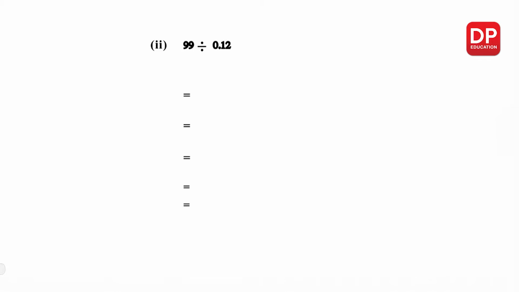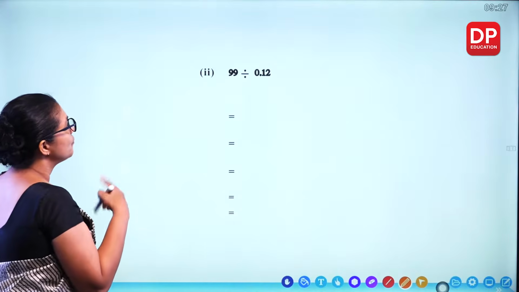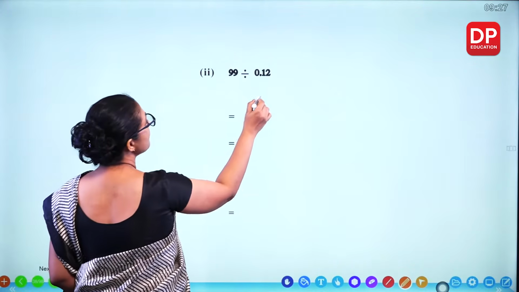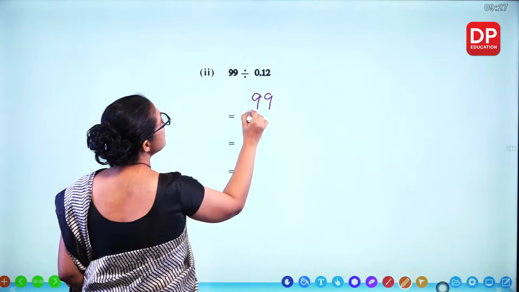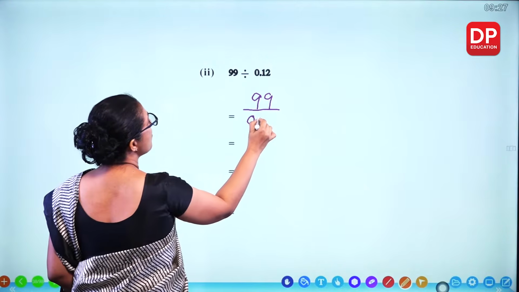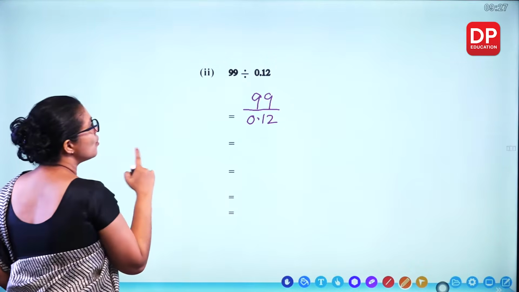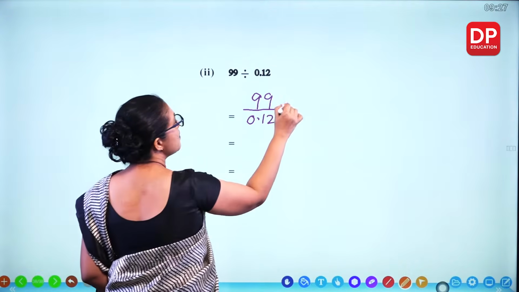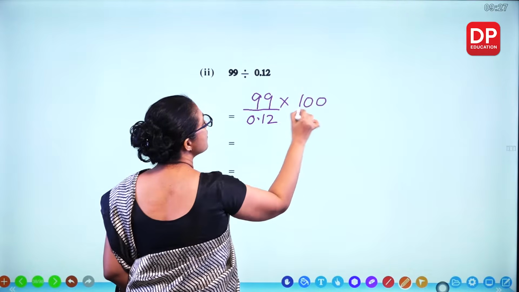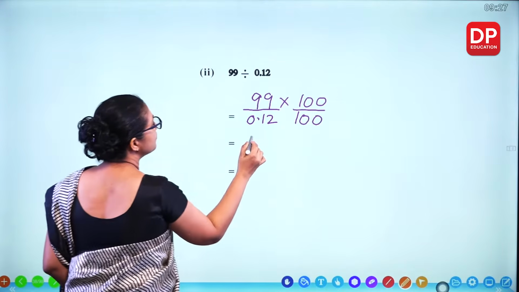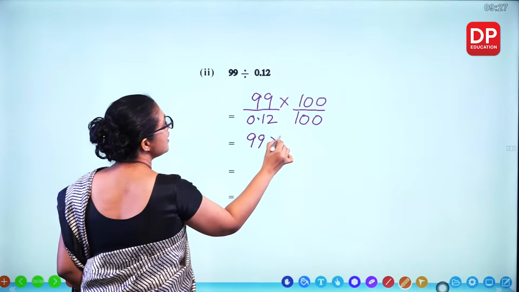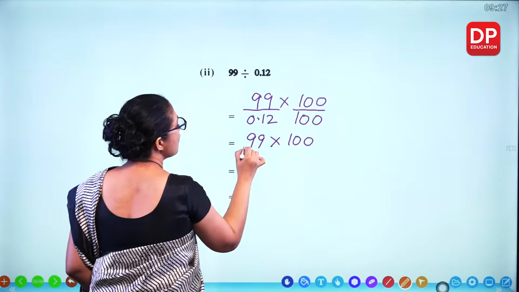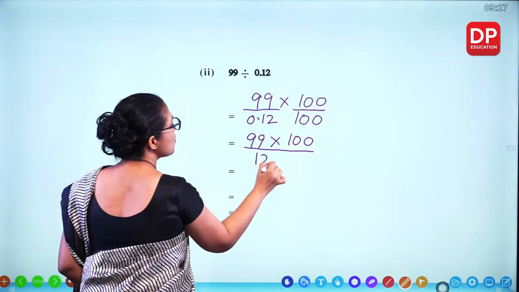99 divided by 0.12. What's the other way? How do you get rid of this decimal place? Multiply by 100. 99 into 100 divided by 12.